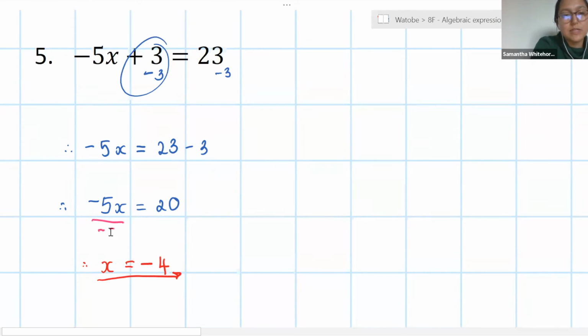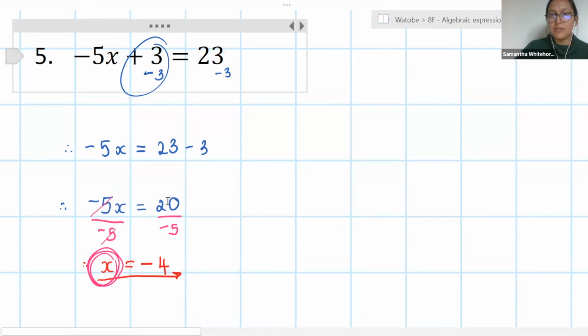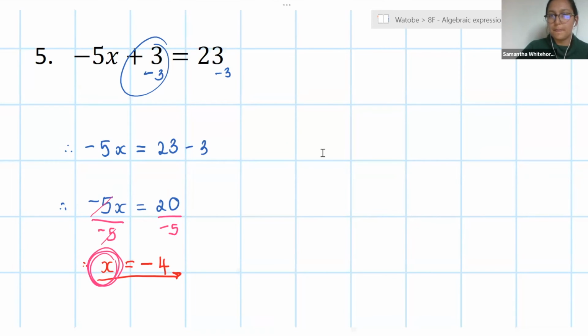So I divided that by -5 and that by -5. The -5 and the -5 essentially cancel each other out, leaving me with just the x that I want. And then 20 divided by -5 gives me -4. Does that make a bit more sense?